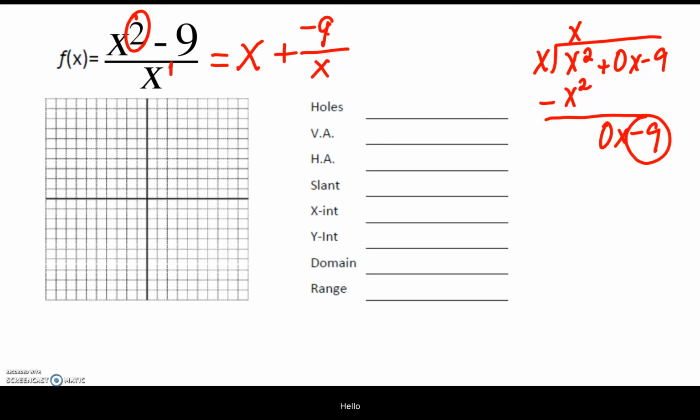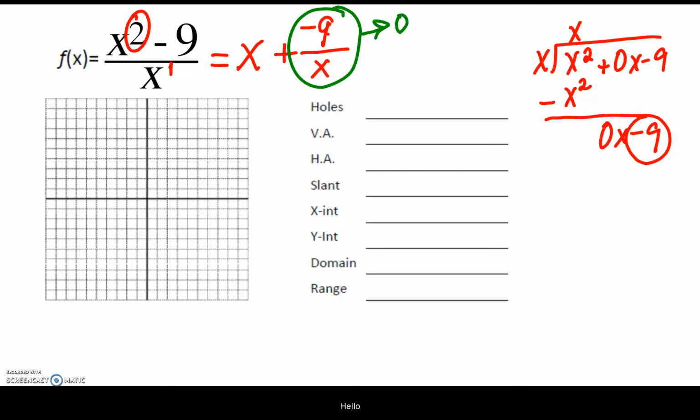And as we've talked about before, when you have a fraction like this, if x is getting very large, then you have negative 9 over a very large number, which will approach 0.